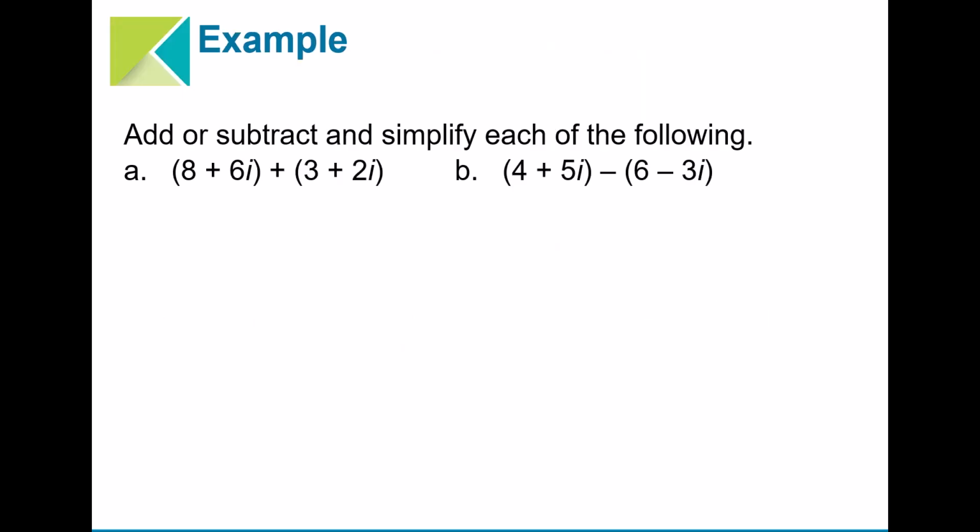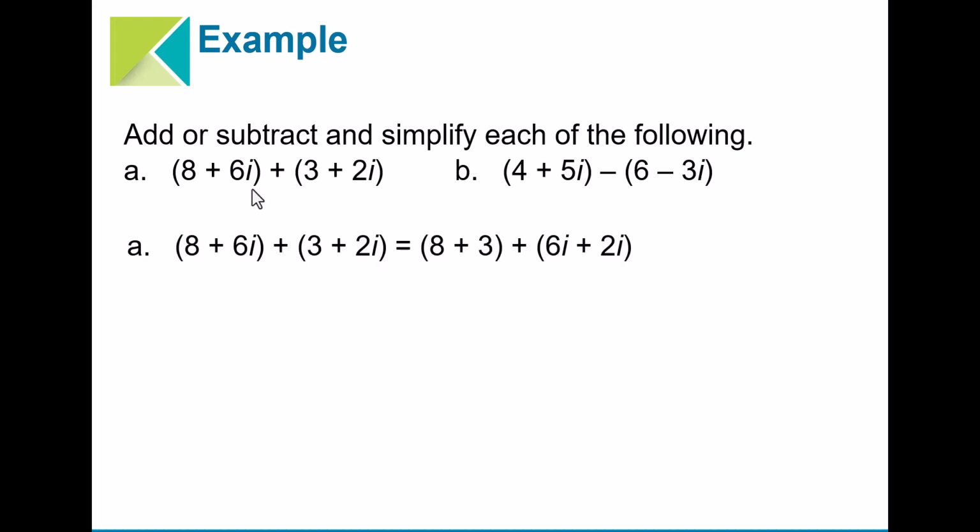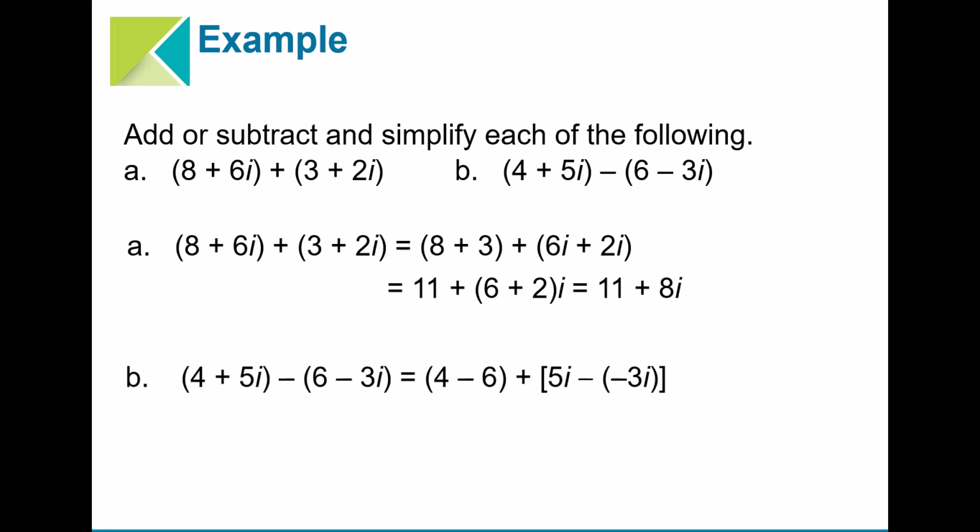You can think of the imaginary number like terms. It's not a variable, but you can think of it like a variable, because you want to collect the imaginary part and then the real part together, and then you simply simplify it. Same thing with negatives. Just be careful that you distribute the negative sign, and then once again create the real and the imaginary part.